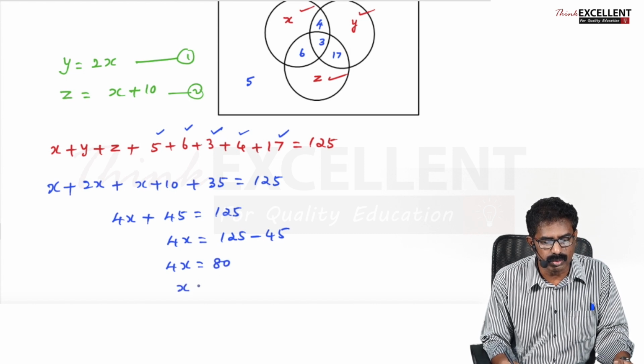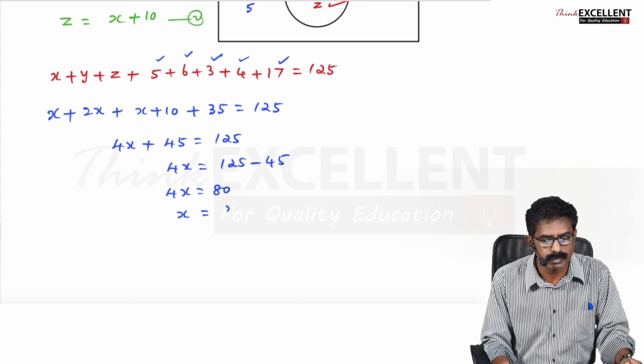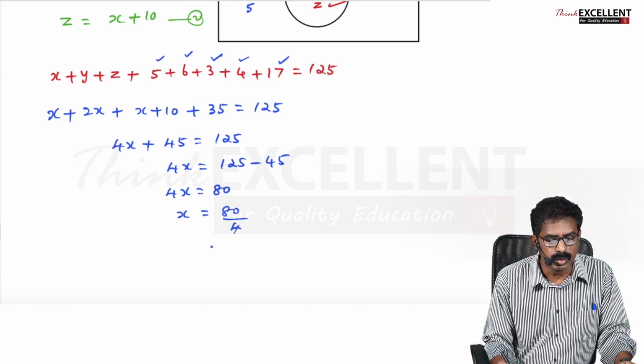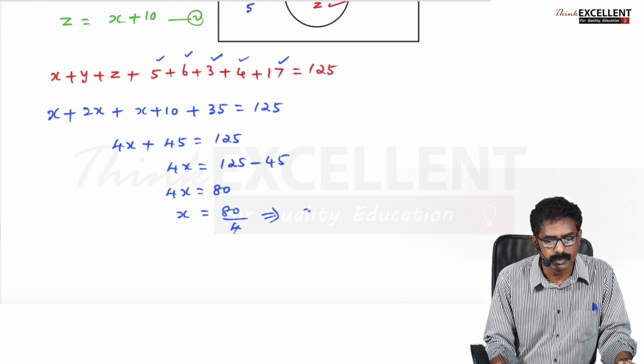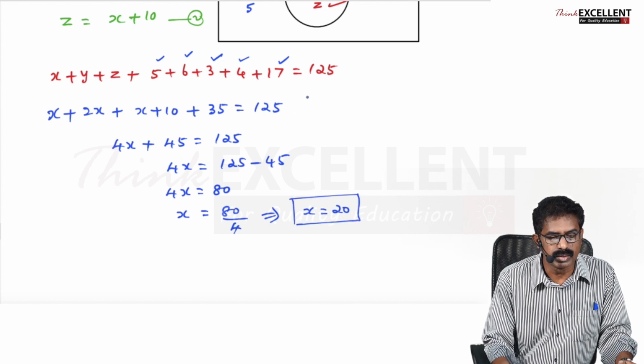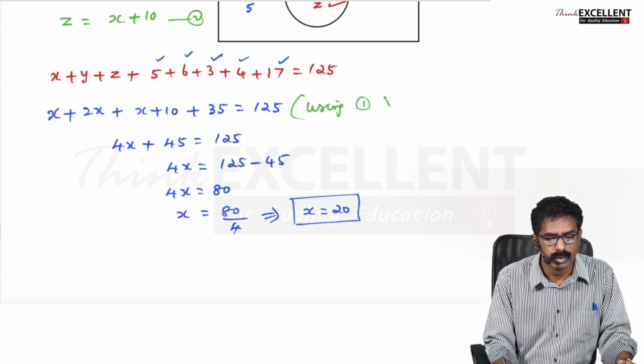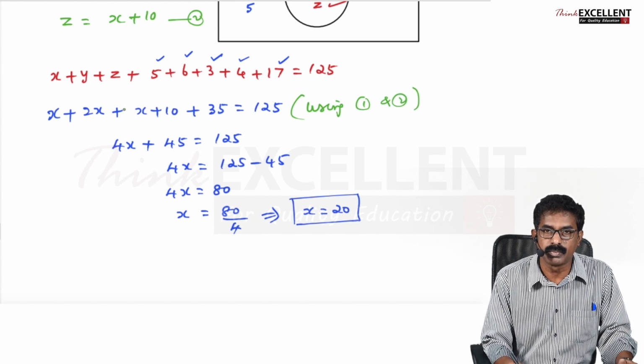So x is equal to 80 by 4. So you are getting x equal to 20. So question is find x, y, z, right? So here you can say we used result number 1 and 2, because y we replaced by 2x and z we replaced by x plus 10.